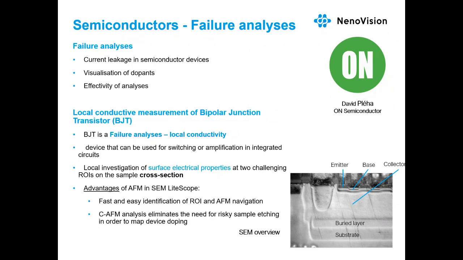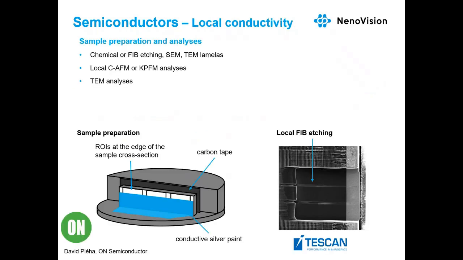Here there is an advantage of the AFM inside the SEM, because you can really nicely navigate the AFM to the region of interest. And then if you are using conductive AFM instead of some traditional wet etching techniques, you eliminate the risk of contamination, etc.